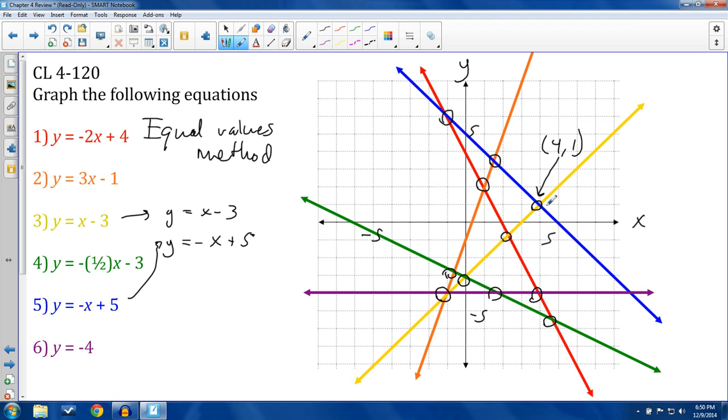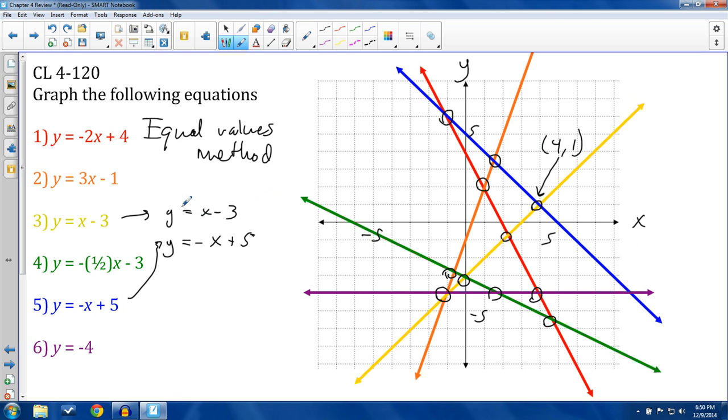You have to remember, this point 4, 1, although I guess you already know the answer before knowing the answer, if I plug in 4 for x and 1 for y, I will get a true statement for both equations. Meanwhile, if I plug in this point up here, whatever it is, it'll only work for the yellow equation. It won't work for the blue equation because it's not on the blue line. The line is nothing more than a set of points.